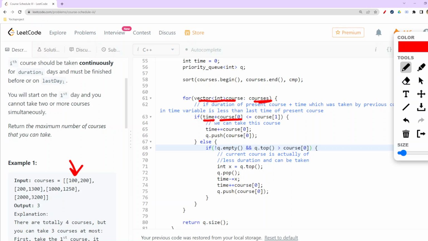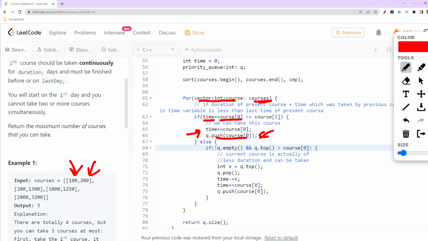If adding the duration to the previous duration which the previous courses have taken is still less than or equal to the present last time, then only we will add that duration to our time and push that to our queue, basically our priority queue. Else, if it becomes greater, in that scenario we can't push this to the queue.